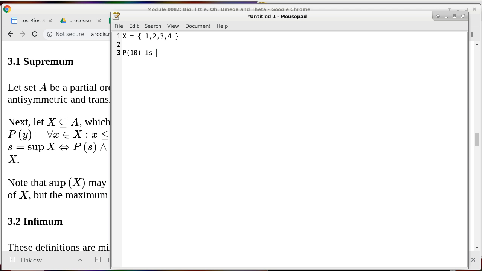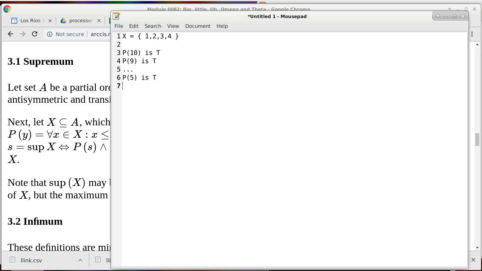So is P of 10 true or false? It's true, because 10 is greater than or equal to 1, 10 is greater than or equal to 2, 10 is greater than or equal to 3, 10 is greater than or equal to 4. Okay, so P of 10 is true. But wait, we can find something else that is also true. P of 9 is also true. So you can look at this and go, what about P of 5?